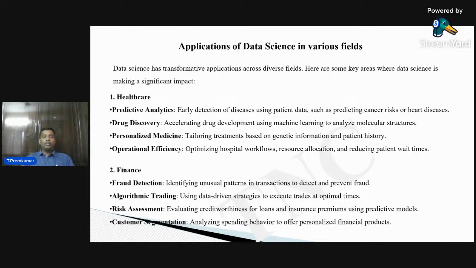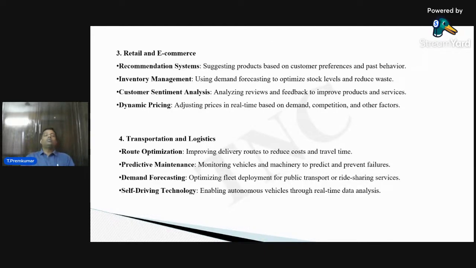These are the two applications. Next, we are going to see data science in retail and e-commerce. Here we have four different areas. First, recommendation systems, which give suggestions for products based on customer feedback as well as preferences and the past behavior of users and consumers. Next is inventory management, using demand forecasting to optimize stock levels and reduce waste.